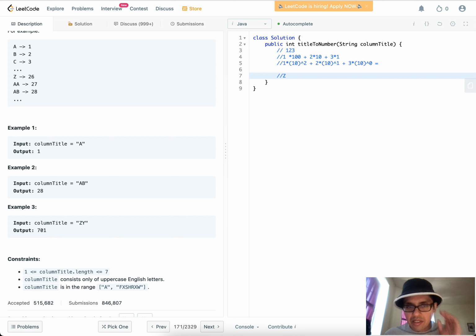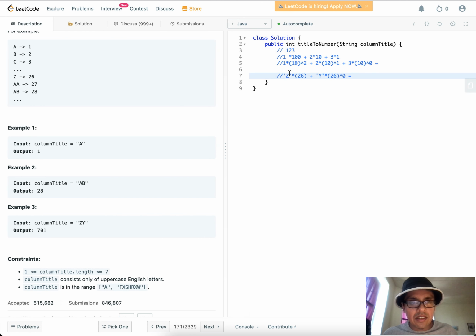Well, let's use the formula. Z equals, as we said, base 26, right? Plus Z times plus Y is 25 times, let's first do this, Y times 26 to the 0, equals, and what does this equal?